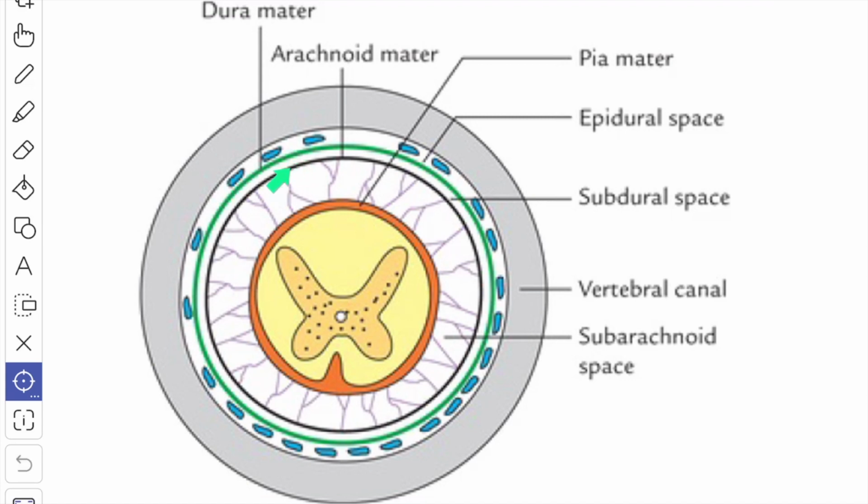Next, we'll see about the arachnoid mater. The arachnoid mater is a thin, delicate, transparent avascular membrane which invests the spinal cord loosely. Above, it is continuous with the arachnoid mater of the brain, and below it extends up to the lower border of the second sacral vertebra.